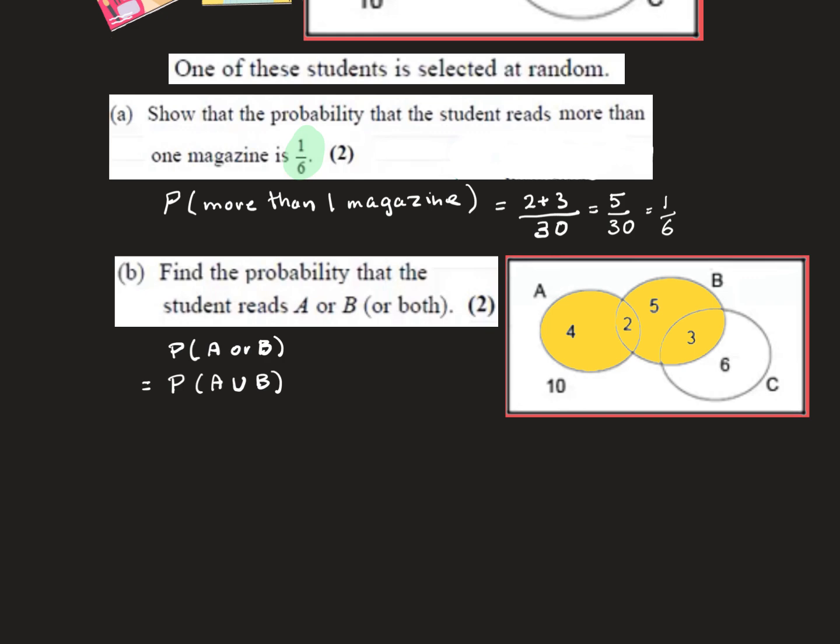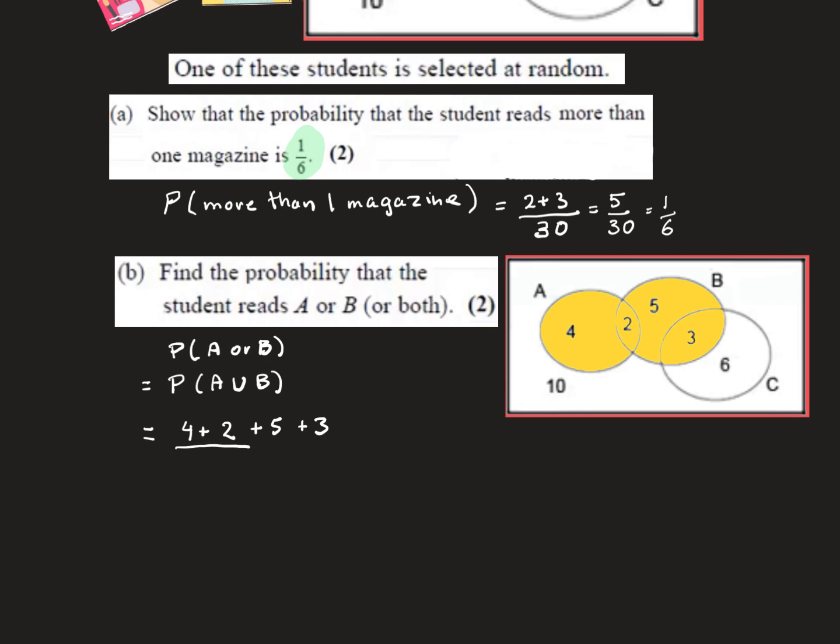Now you can see when I said that "or both" is unnecessary, because this is both. And so that probability will mean that we have 4 plus 2 plus 5. We also have 3 because 3 is also part of magazine B, students who read.